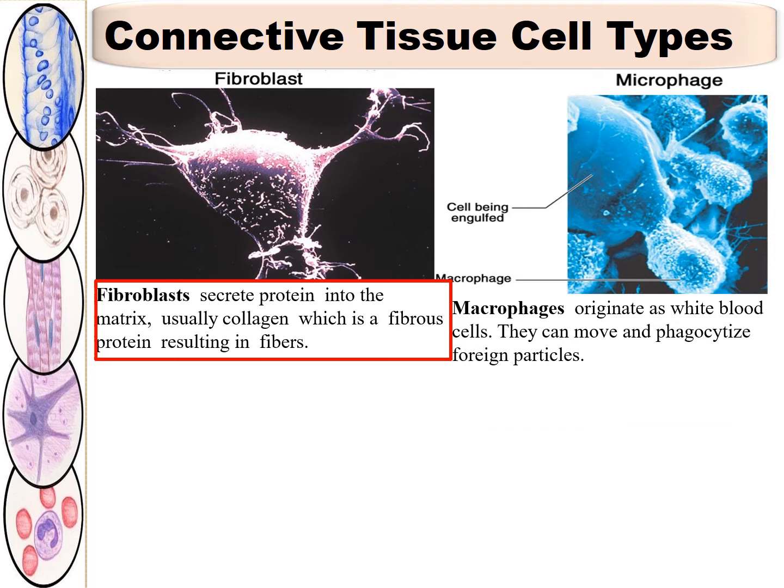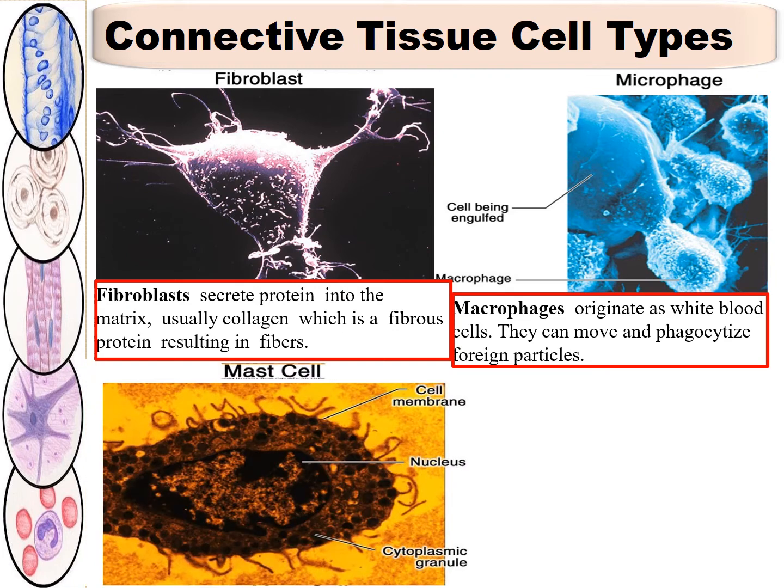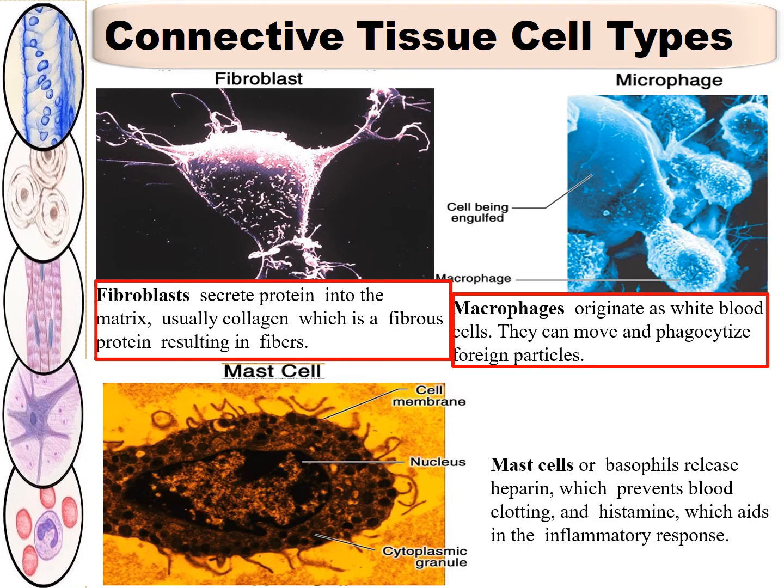They can move and phagocytize foreign particles. Then the third one is the mast cell. These mast cells, or basophils, release heparin, which prevents blood clotting, and histamine, which aids the inflammatory response.